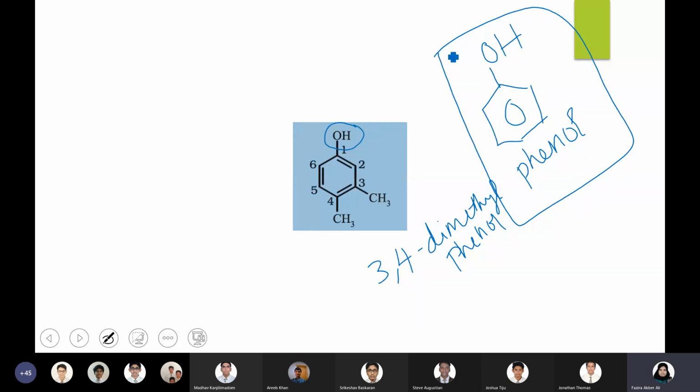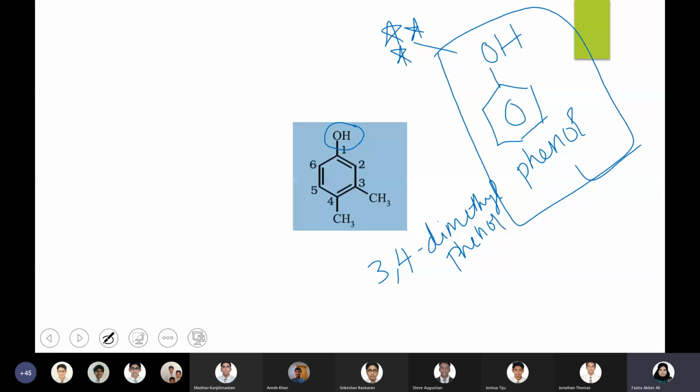Okay, so this is a very important compound. We don't write it as benz alcohol or something, that is a different thing. We write it as phenol. Am I clear? So note down this point. Phenol is a benzene ring with OH.